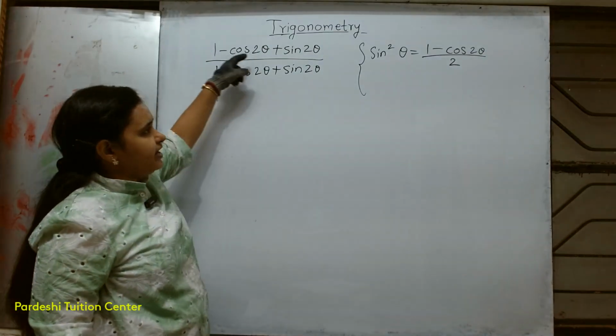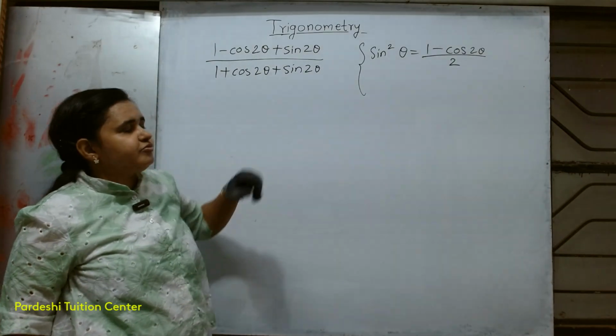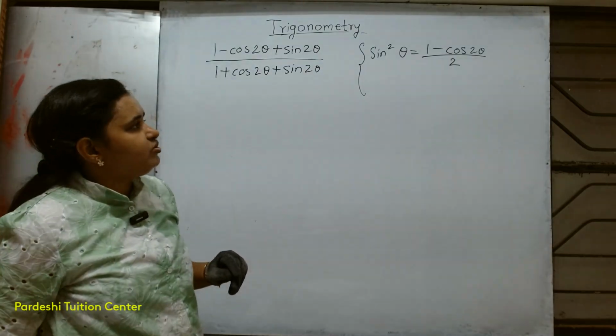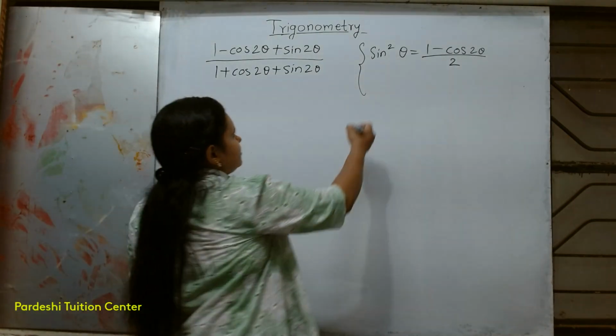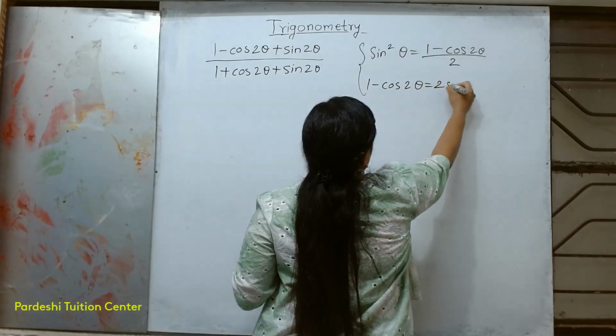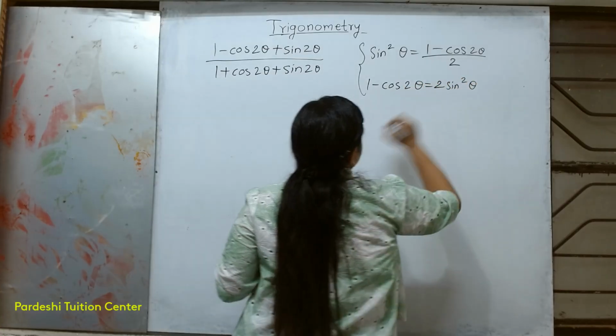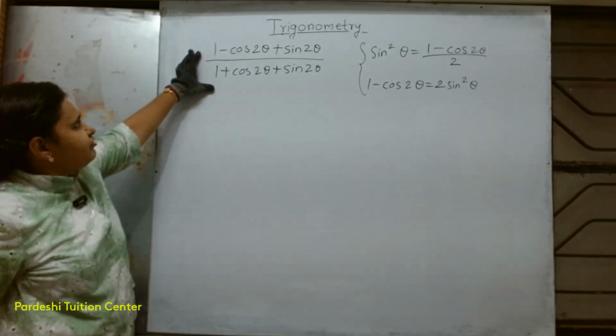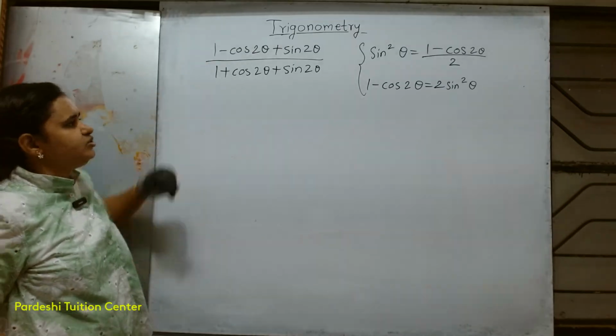Here it is 1 minus cos 2 theta. So from that formula we can calculate 1 minus cos 2 theta. So 1 minus cos 2 theta will be 2 sin square theta. So in place of 1 minus cos 2 theta we can write 2 sin square theta.